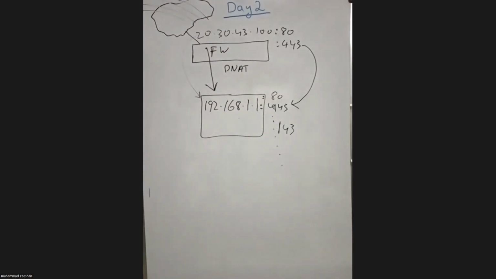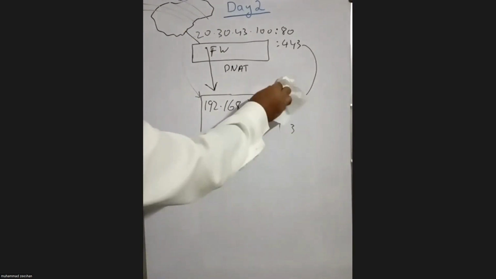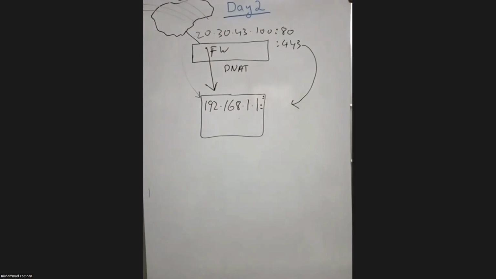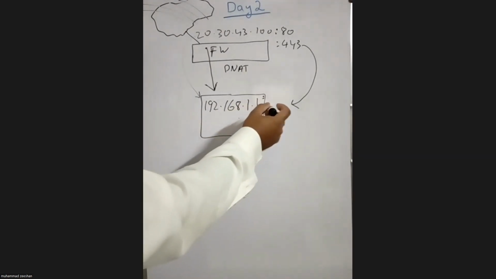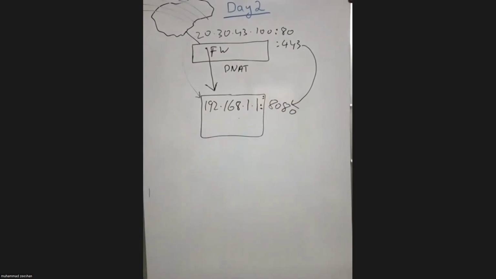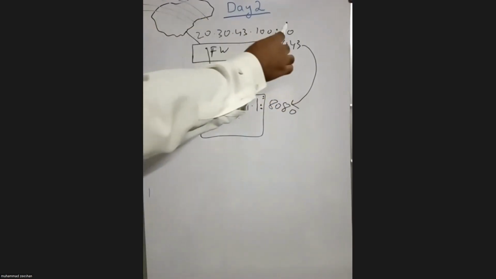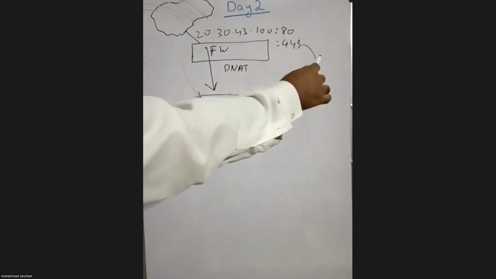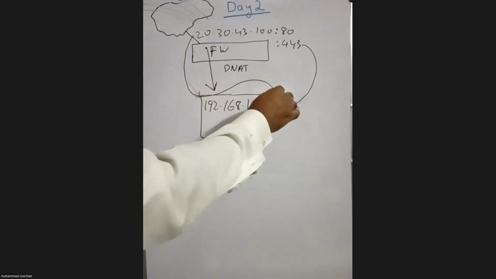There can be any number of scenarios. You have 192.168.1.1 and your application is running on port 80, so you want to say that if someone comes on port 80, translate it to port 8080.